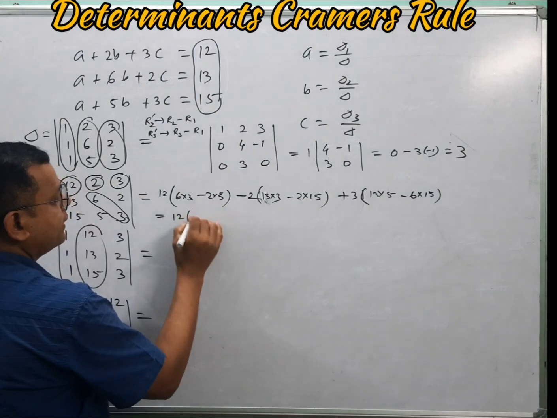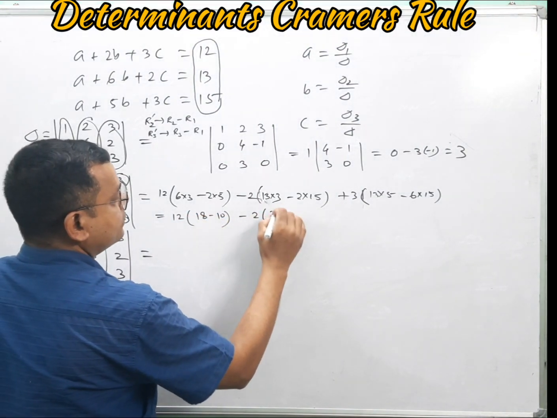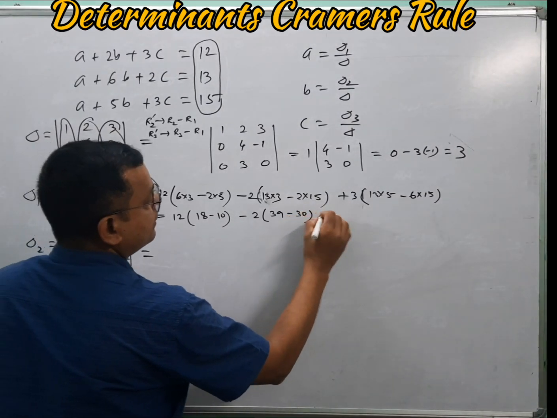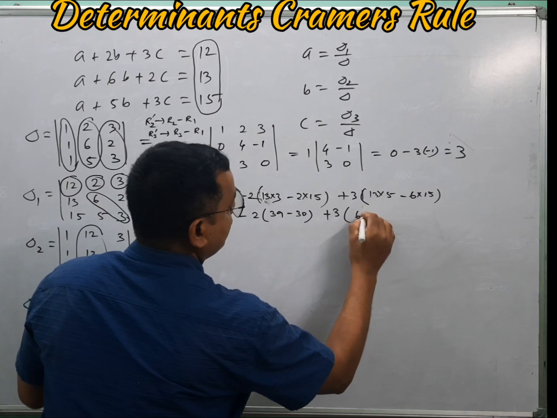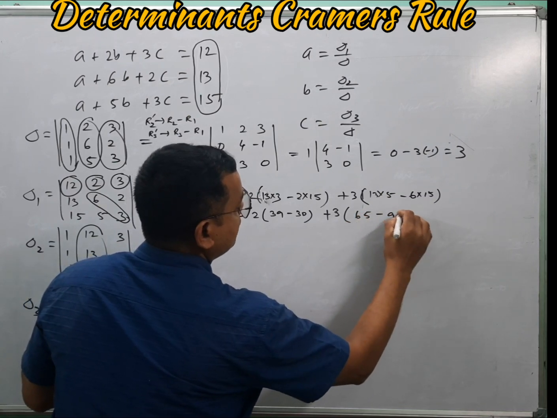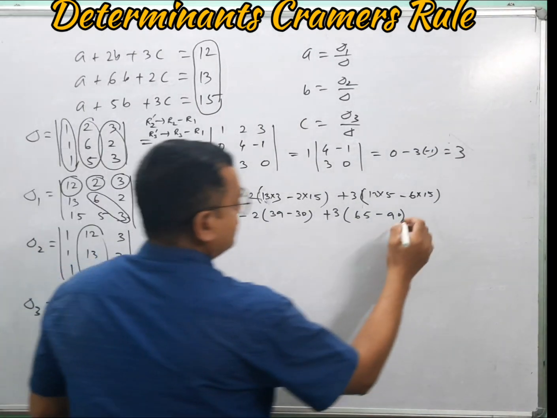So 12 into 18 minus 10, minus 2 into 13, 3, 39 minus 30, plus 3 into 13, 5, 65 minus 56, 90. So you are getting here how much? We can do here at the last.